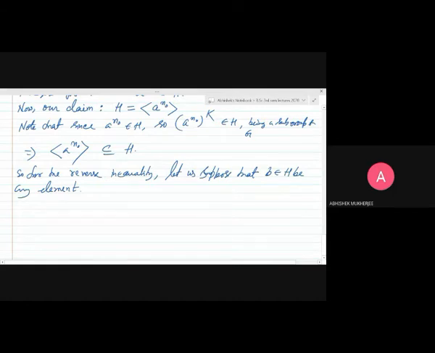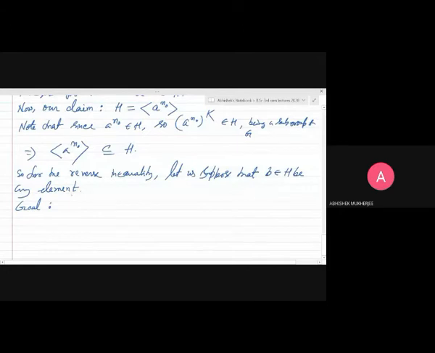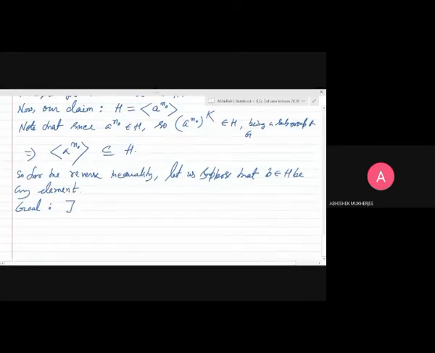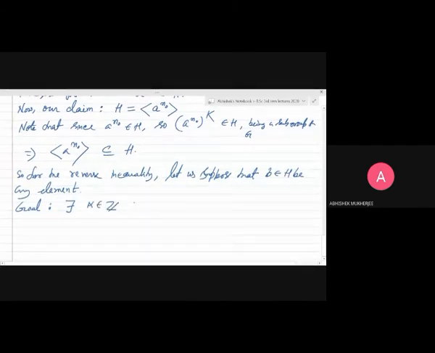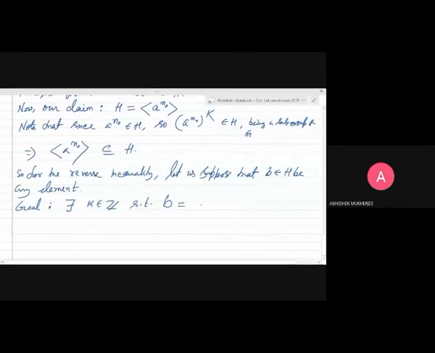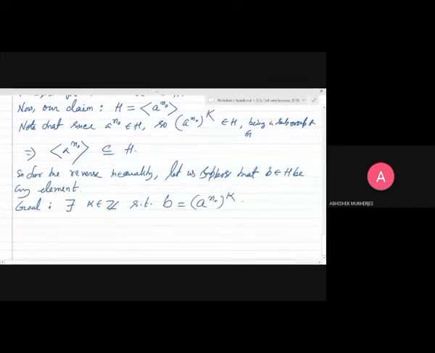Okay, so our goal is that there exists some k belongs to Z such that b can be written as a to the power n naught, the whole to the power k, or a to the power n naught k. Okay, right? So this is our goal.